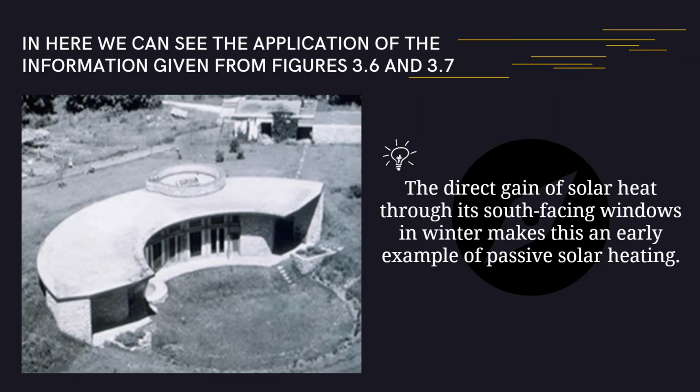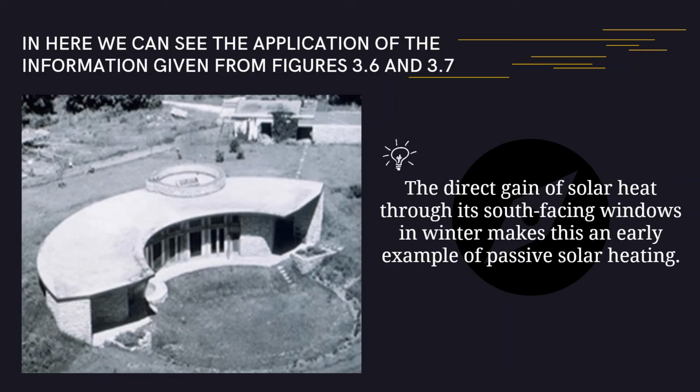One example of how the information in figures 3.6 and 3.7 can be applied is the planning of a building and the site of a house designed by Frank Lloyd Wright in the 1940s. As you can see in the figure, this is the design by Frank Lloyd Wright.